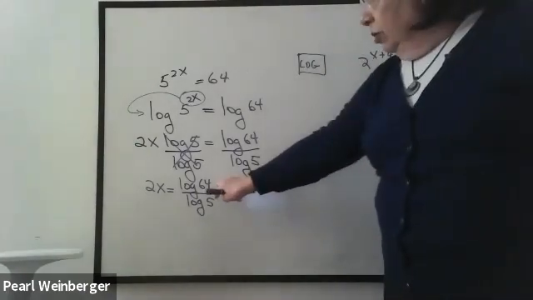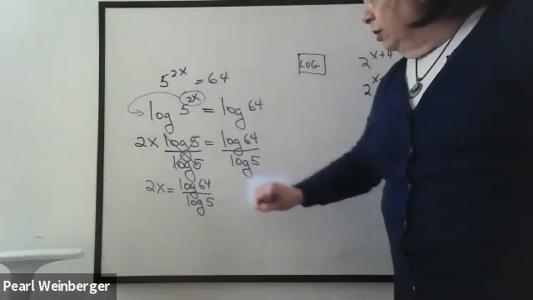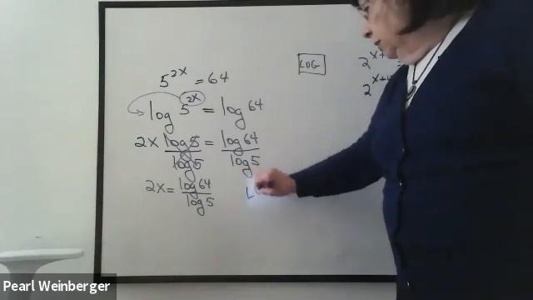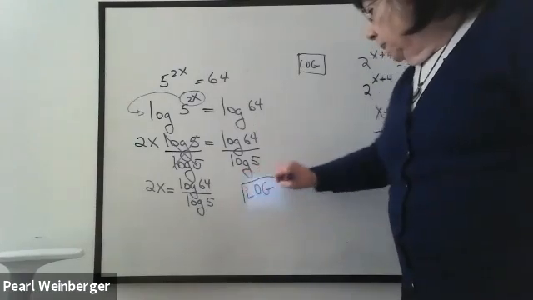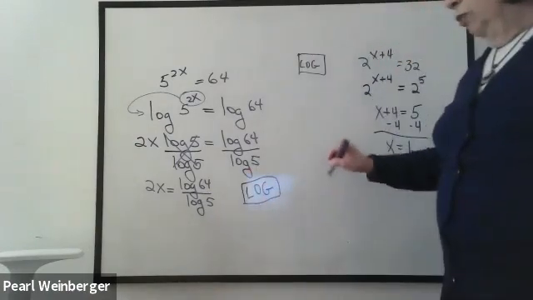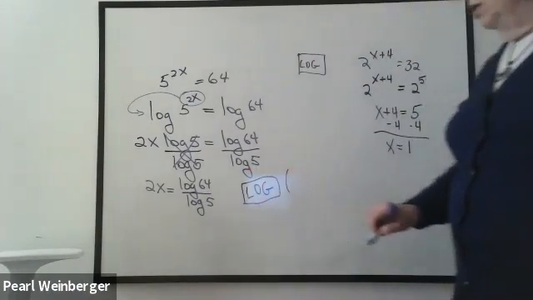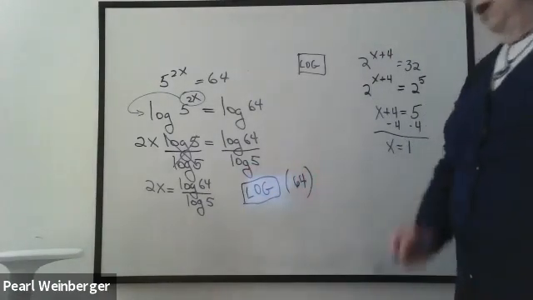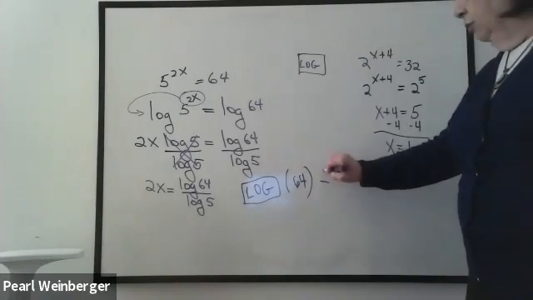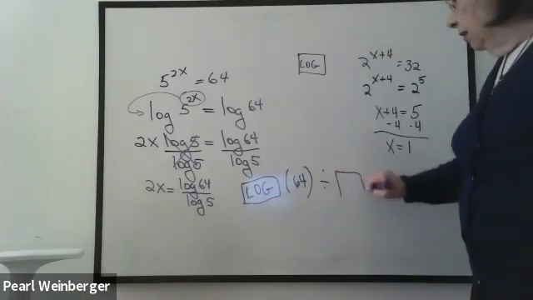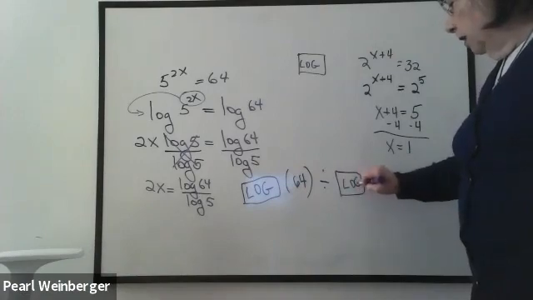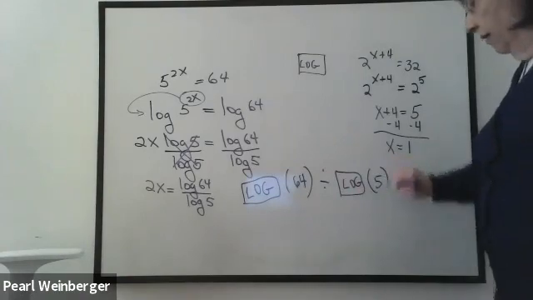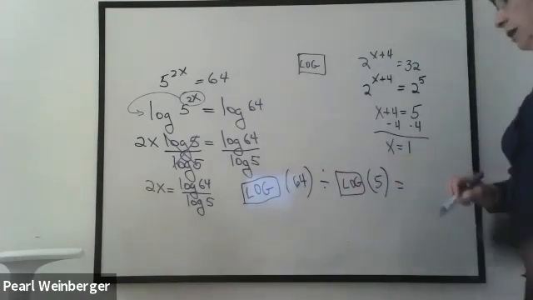So if I'm going to do the log of 64 divided by the log of 5 on my calculator, I'm going to press my log button. It'll come up with the word log with a parenthesis. I'll put in 64, close that parenthesis, and then I'll press divide. And again, I'll press that log button, and it'll come up with a parenthesis, and I'll put in my 5 and close the parenthesis and press equal.